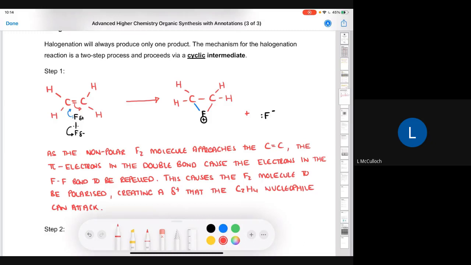So what will happen is, because those electrons in the fluorine to fluorine bond get repelled, we end up with that molecule becoming polarized, which creates that slightly positive charge, which then enables the nucleophile, the C2H4, to actually attack that molecule and allows the reaction to take place. I'll give you guys a wee minute just getting that copied in, and then I'll show you step 2.